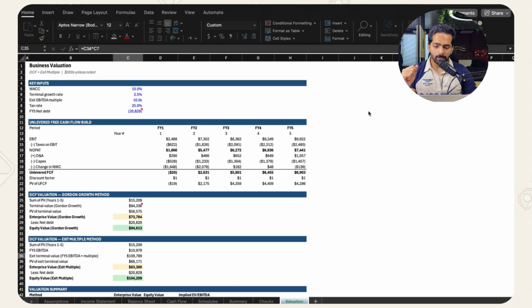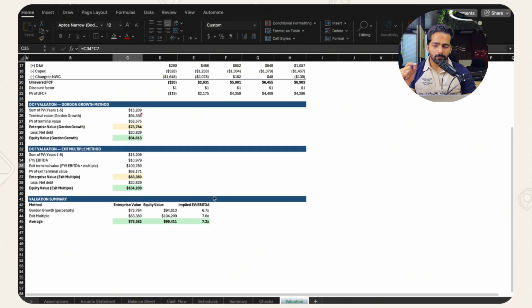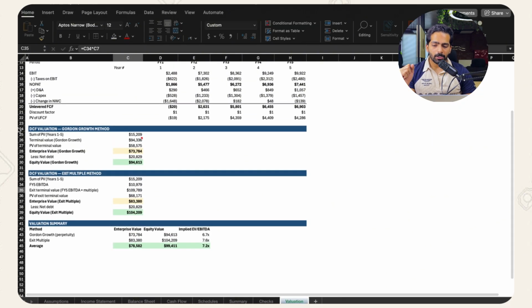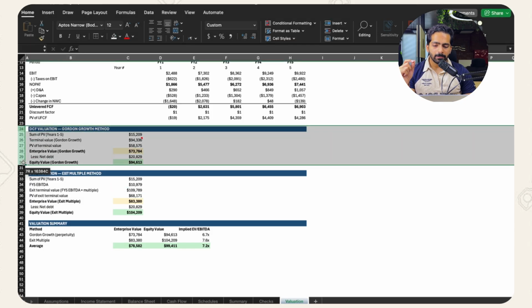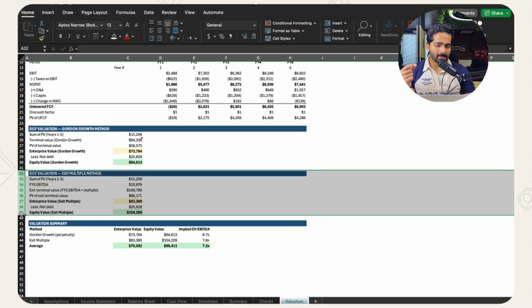Right on screen, you can see that we have to calculate a DCF valuation using two methods. The first is the Gordon growth method and the other is the exit multiple method. Why do we have these two methods? The first method uses a growth percentage over an indefinite period of time.